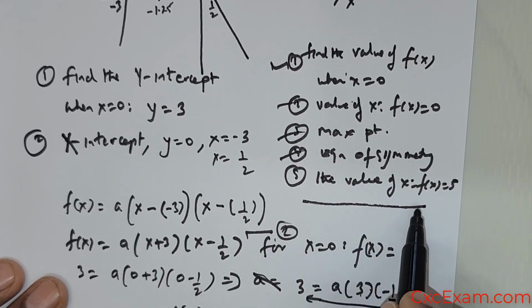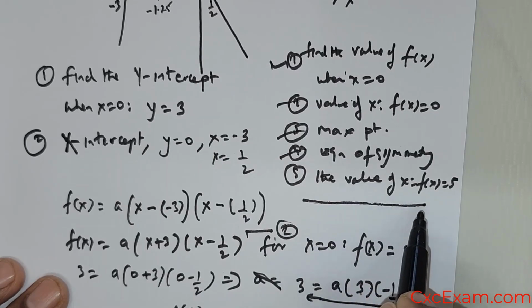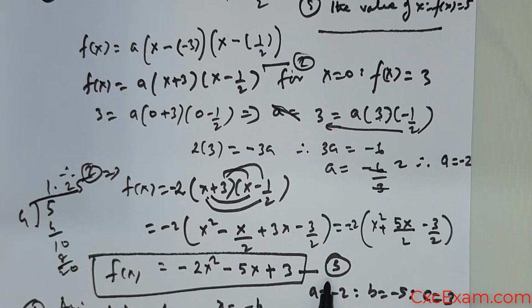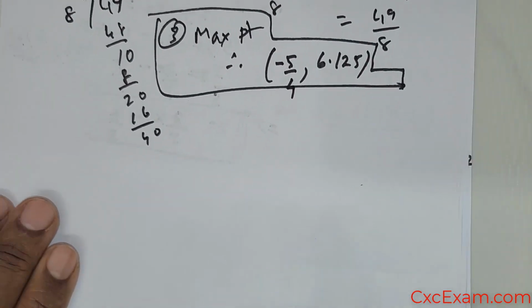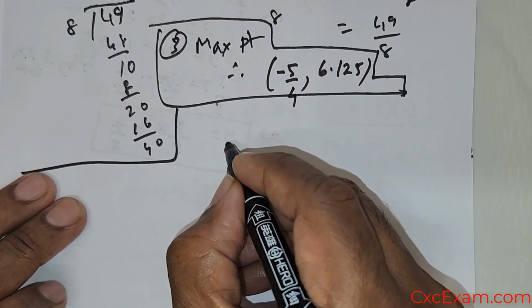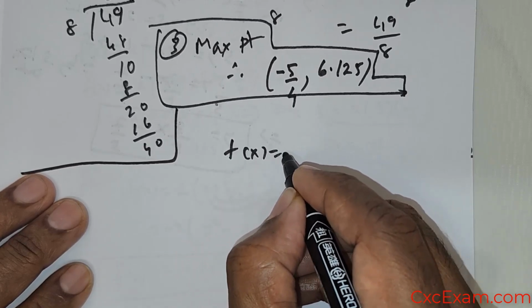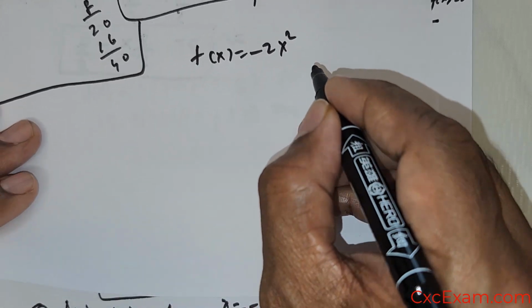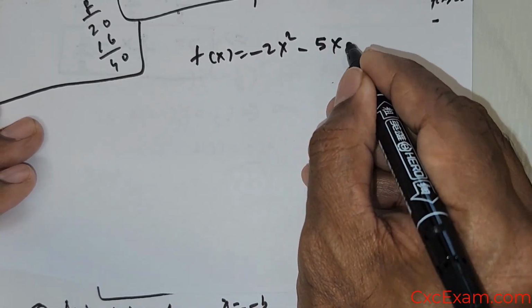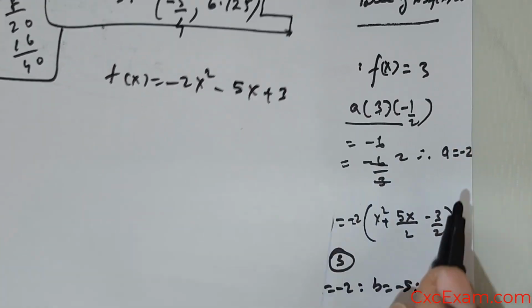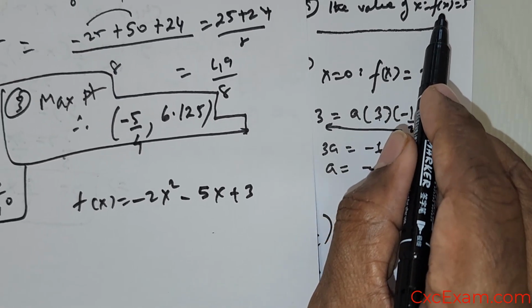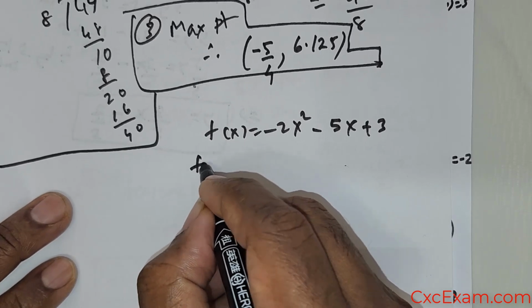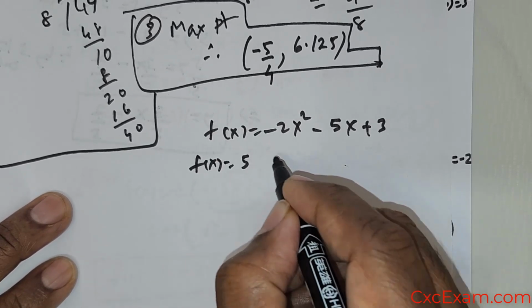Now the final one is: find the value of x when f of x is equal to 5. So we have to use 3, right? This is the final question. f of x is equal to negative 2 times x squared, negative 5x, positive 3. We need to get the value of x when f of x is equal to 5.